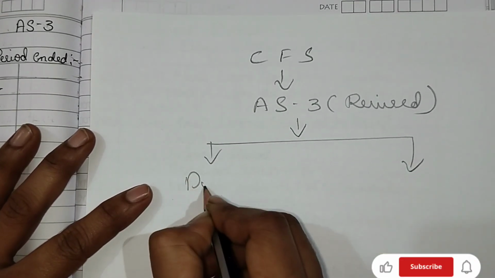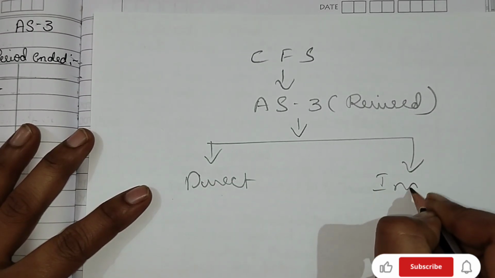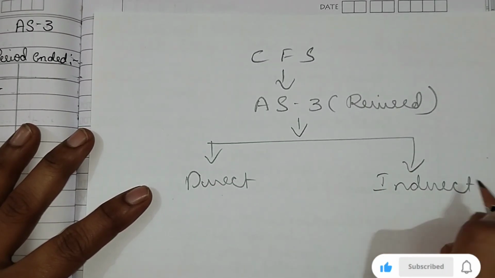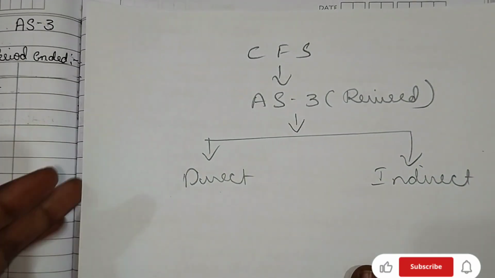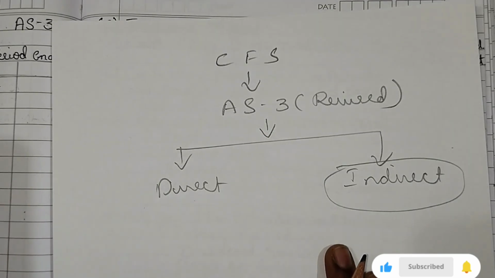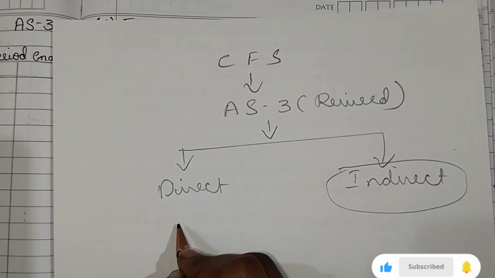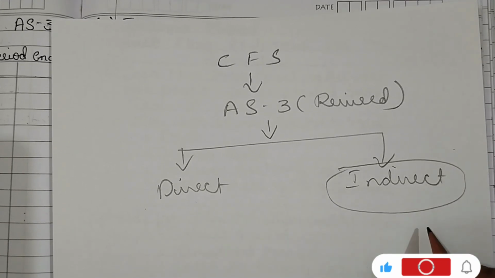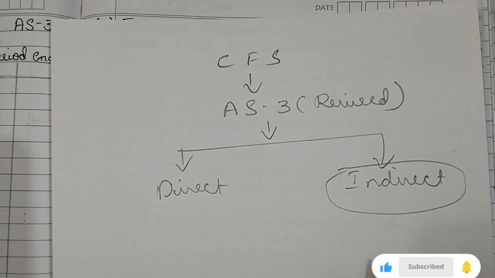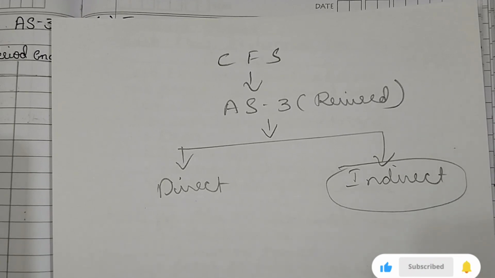One is direct, another one is indirect. Now we'll understand. We are always using indirect method only, because under direct method only the gross receipts will be considered. Under indirect method, we'll take the net profit as per the profit and loss account and the cash balance.